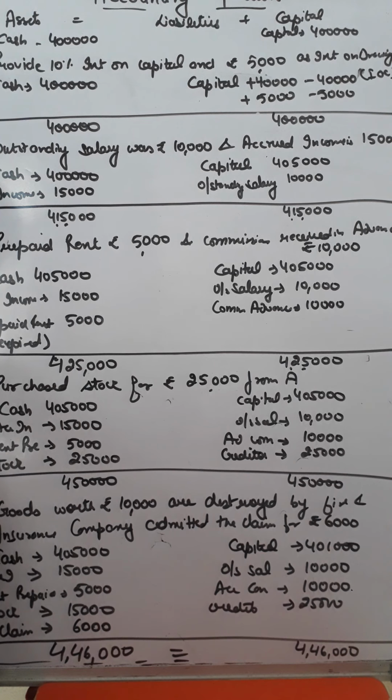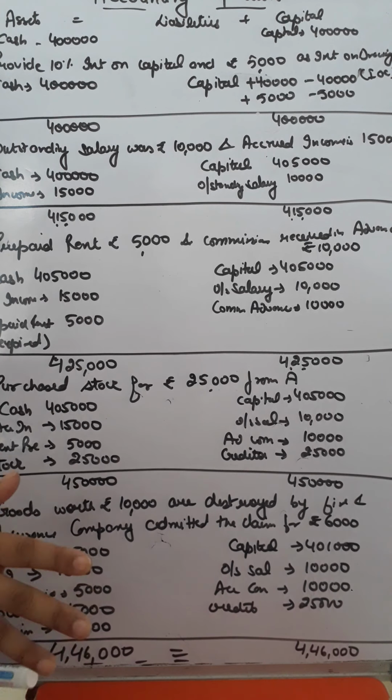The second illustration, the question is: goods worth rupees 10,000 are destroyed by fire. Now see, we have already talked about risk in business studies, that whatever business you are running, there is always a possibility of risk in that. Now when there is a risk, to avoid or eliminate it, we will always take an insurance policy. So your goods may or may not be insured.